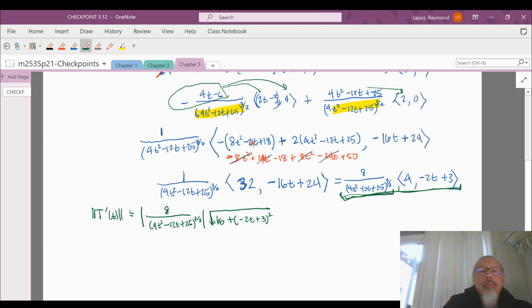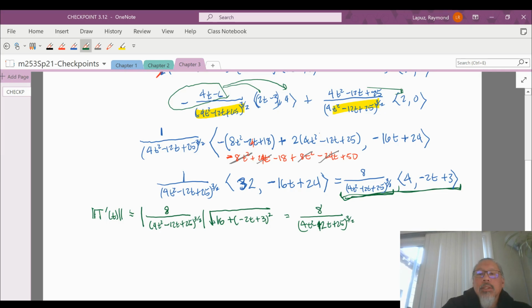Now, if that looks familiar, it turns out that if you FOIL this out, you're going to get this to equal 8 divided by 4t squared minus 12t plus 25. We're going to raise that to the 3/2 power.